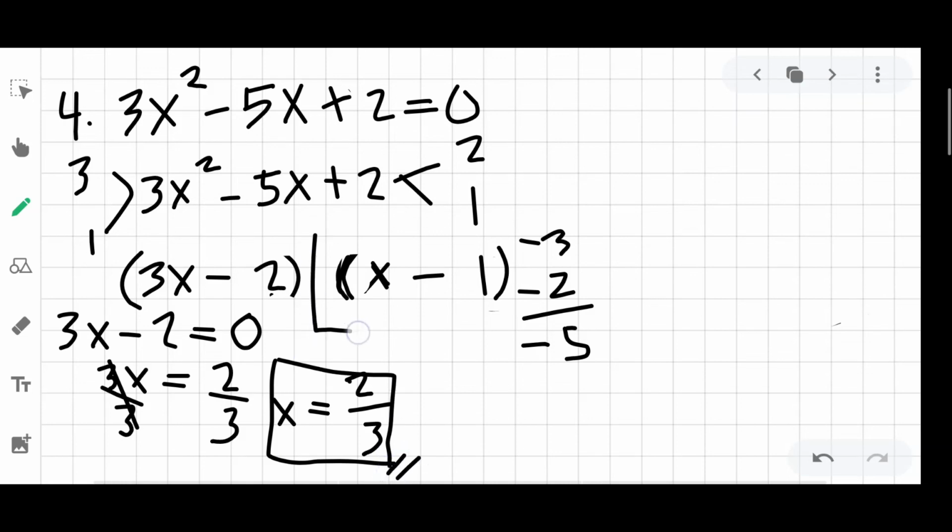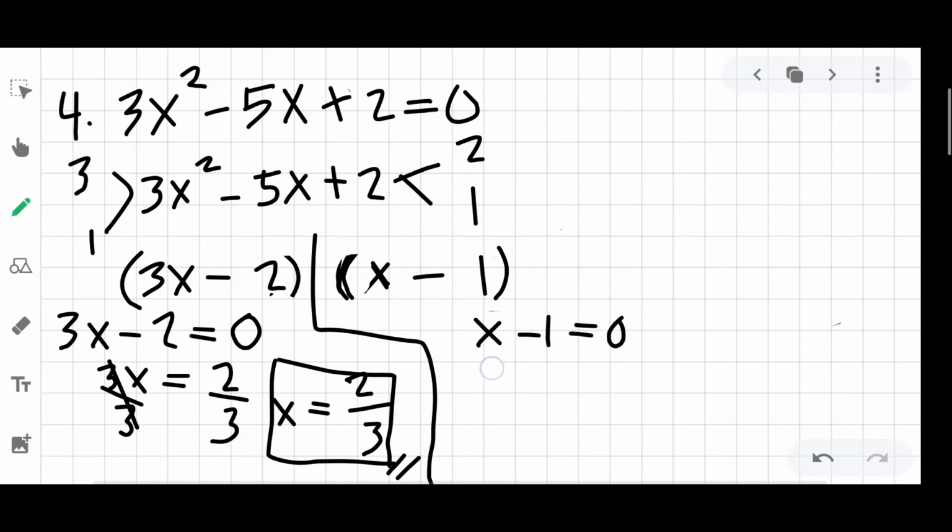For our second solution, ang gagawin lang natin, buburahin ko lang to. Okay? Gamitin natin yung pangalawang factor na nakuha natin. X minus 1 equals 0. Bring down x equals. Si negative 1, itatranspose natin, magiging positive. And this is our final answer.